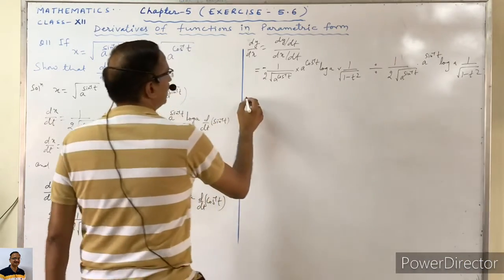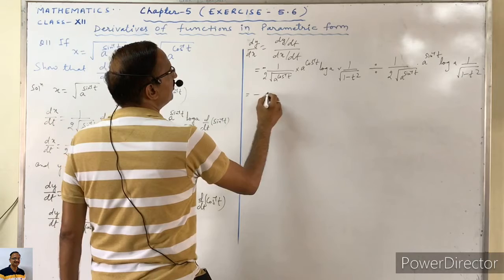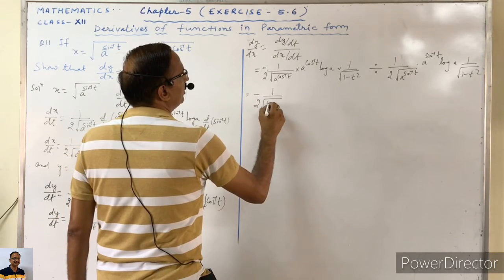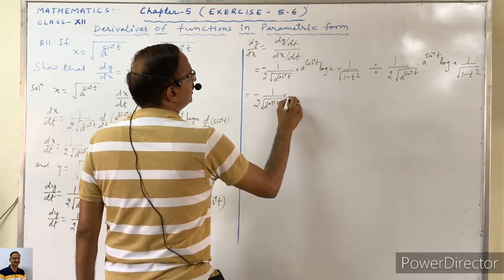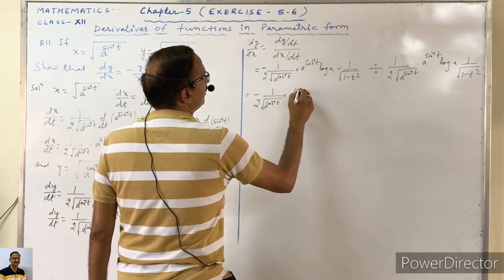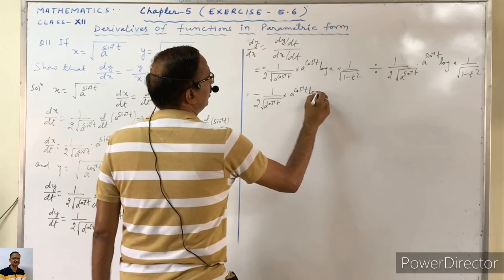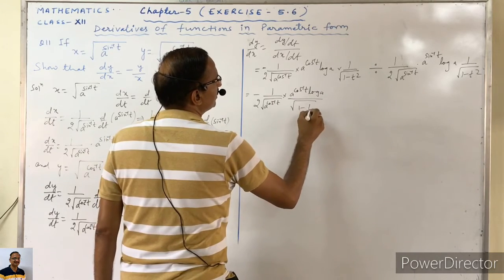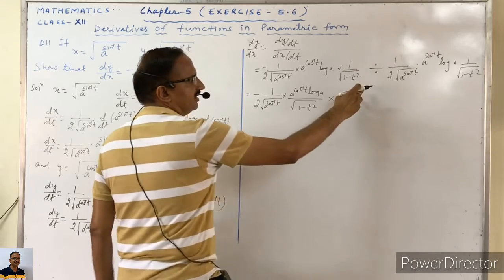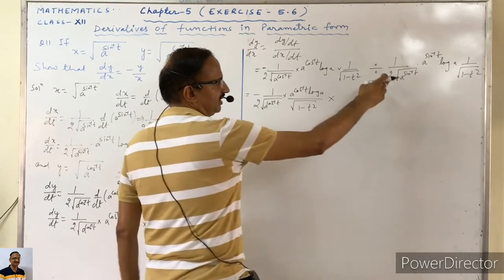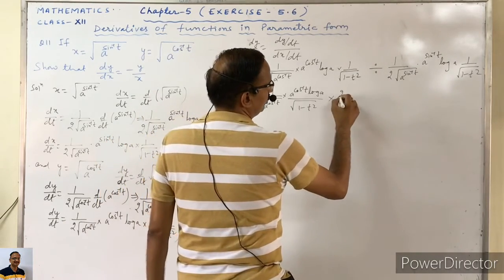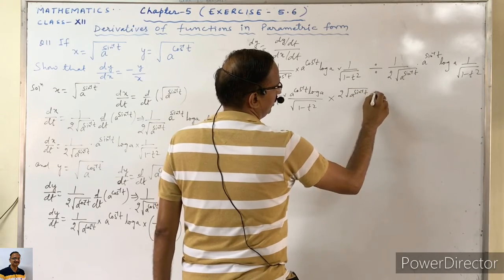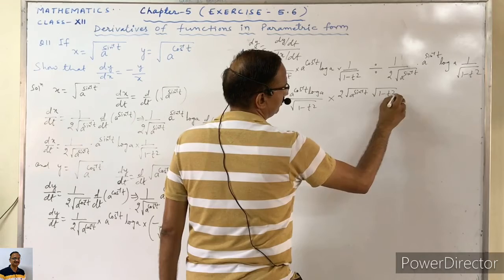So in the next step we will write minus 1/2 root a raised to power cos inverse t, this is a raised to power cos inverse t log a, in denominator this is root 1 minus t square, and when we change this sign, then this can be written as 2 root a raised to power sin inverse t root 1 minus t square.